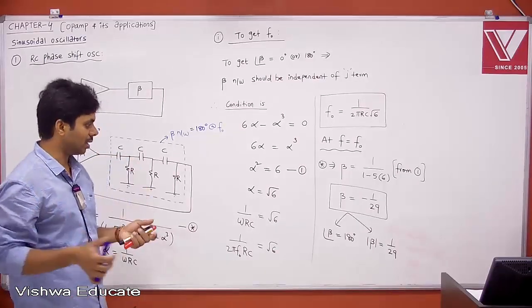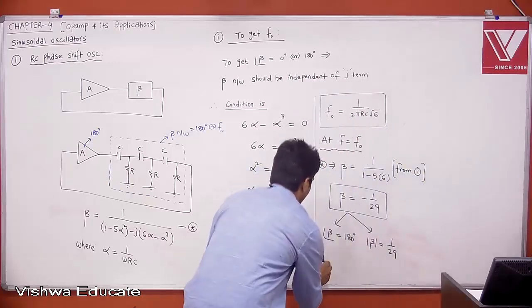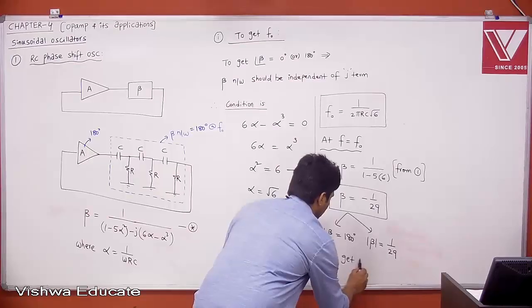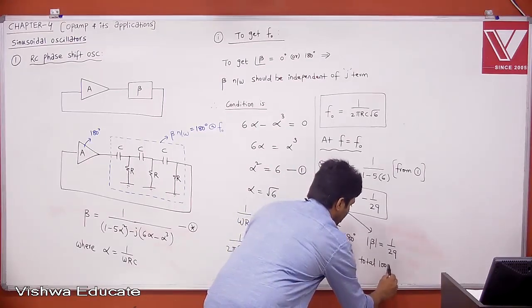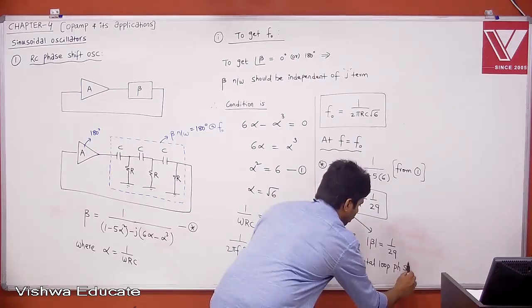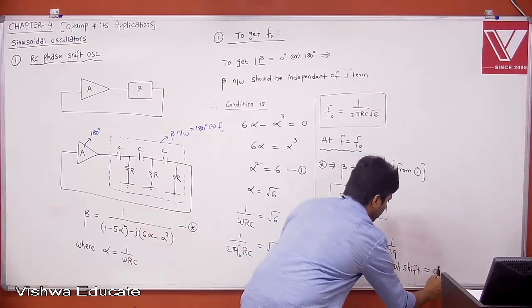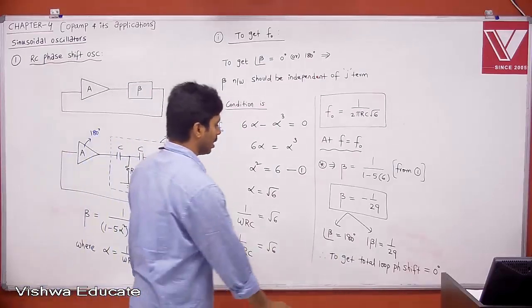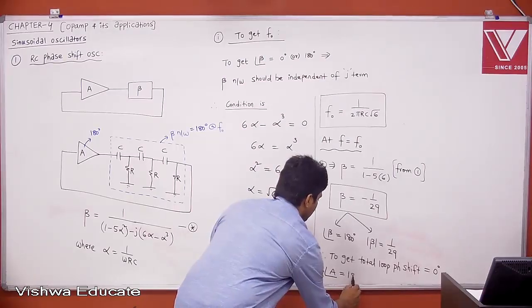Therefore, to get a total loop phase shift equal to 0 degrees, your angle of A should be 180 degrees.